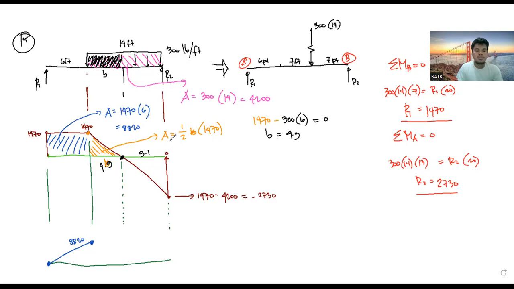So the area here can be calculated by 1/2 times 4.9 times 1470. So you have there 3601.5. So you add.